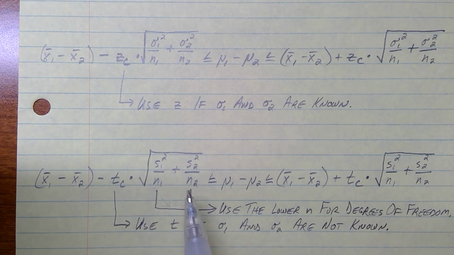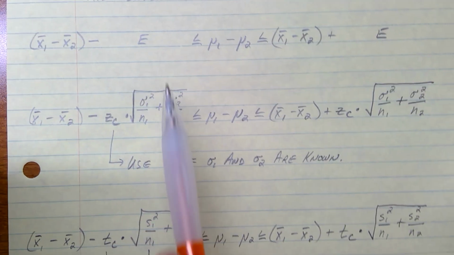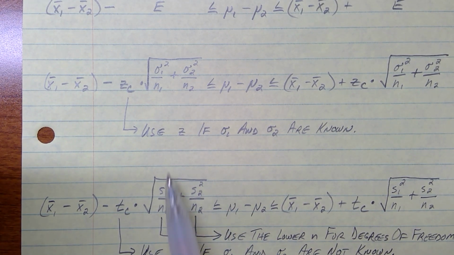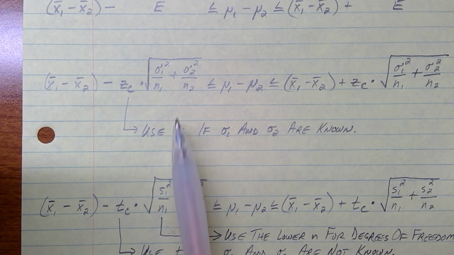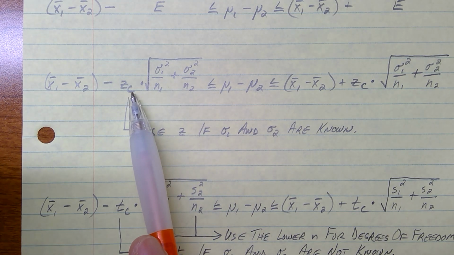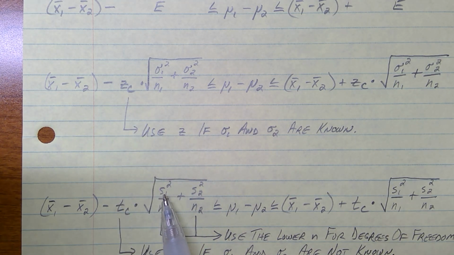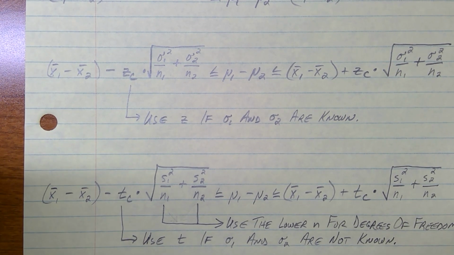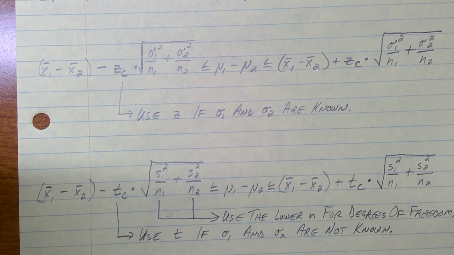So I'm calculating margin of error both ways, and everything looks really similar. If I know sigma, population standard deviation, I use a z-score. And if I don't, I use my sample standard deviation, S, and a t-score. Those are the formulas we're going to be using.